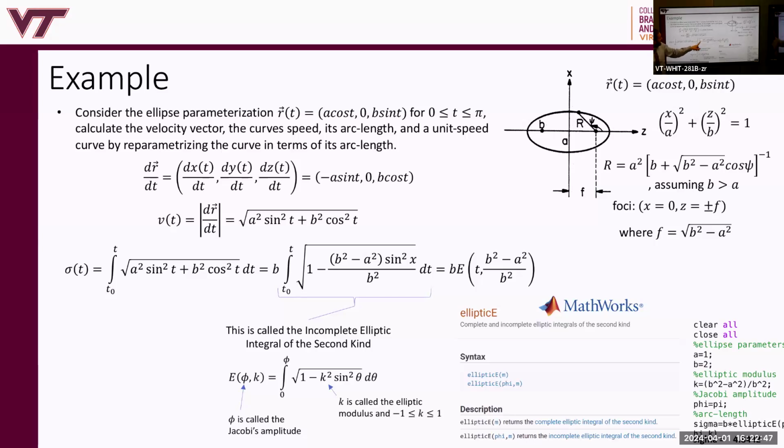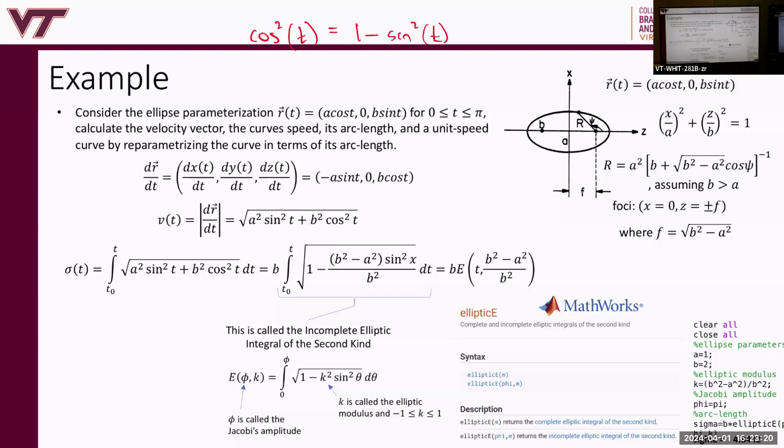So we can rewrite this expression. Let's see, wait a minute, I forgot how I did this. So b squared minus a squared. You can write the cosine squared of t as 1 minus sine squared of t, right?